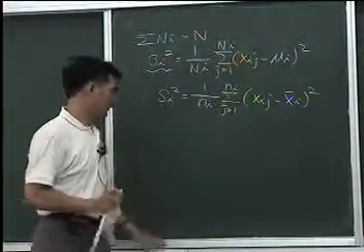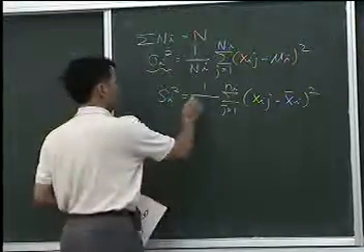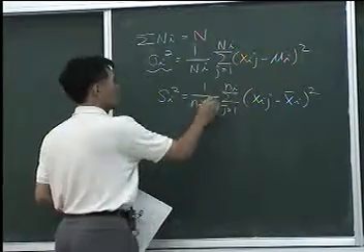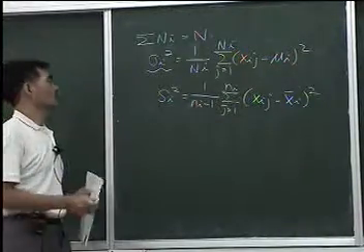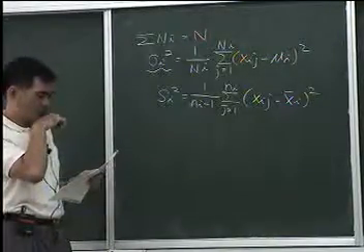Sorry, I made a mistake here. What should be here? It should be ni minus 1, right? Ni minus 1. Okay. Any more questions?